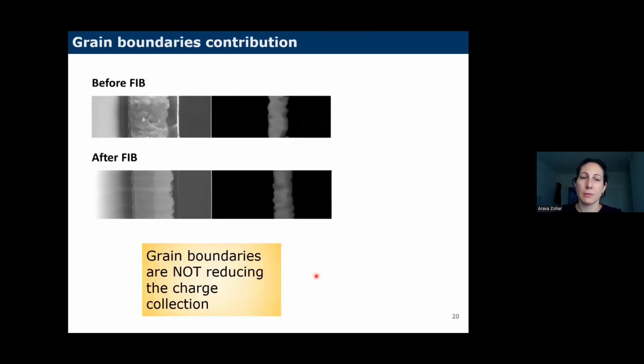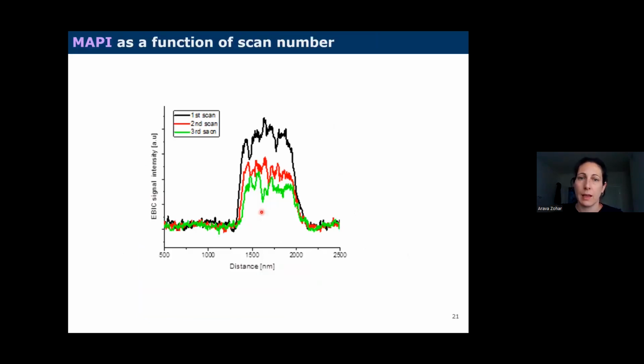We also tried to check if the grain boundaries can affect, because you saw that I can mimic the structure of the crack in my EBIC cells. So this is a different phenomenon, but once I shave or make the cross-section flat, I don't see any contribution from the grain boundaries. They're not reducing the efficiency of the cell.